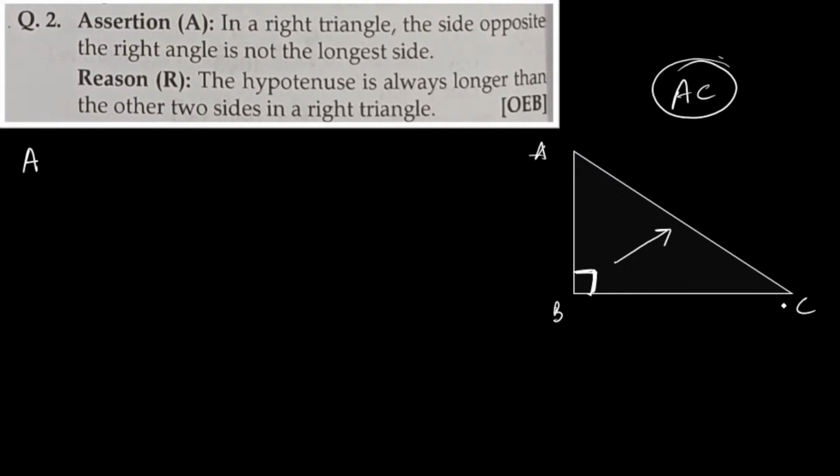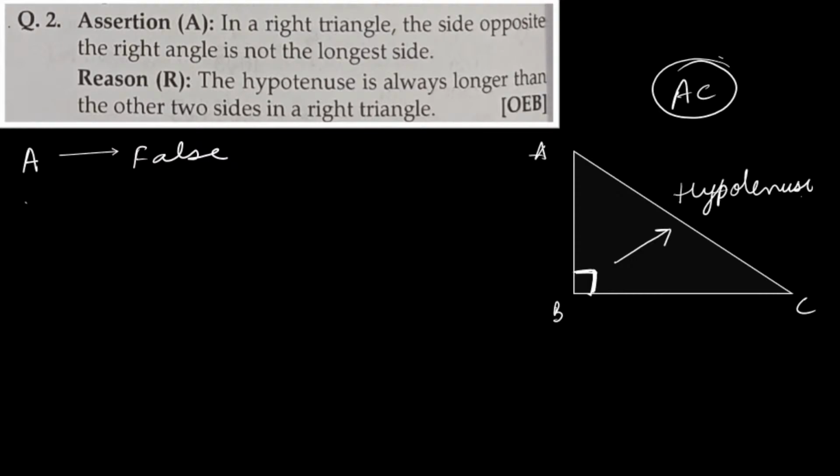And we know also opposite to right angle is hypotenuse, and hypotenuse is the longest side. So that means A is false here. They are telling here this is not the longest side. So A is false because it is the longest side.